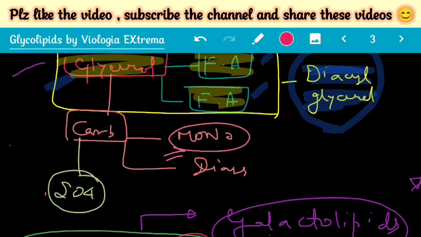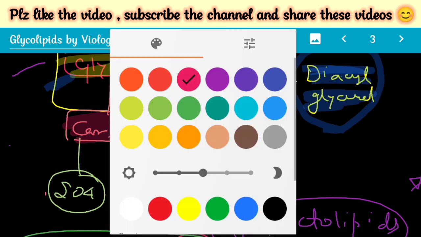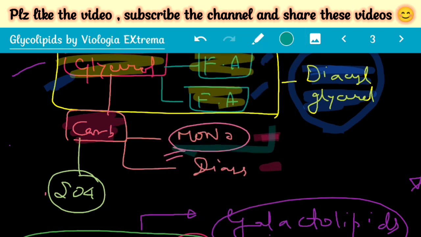Because these are glycolipids, the carbohydrate part is compulsory. That carbohydrate can be a monosaccharide or a disaccharide. The examples which we have used contain monosaccharide units. There can be one monosaccharide unit, or more than one monosaccharide unit, for example 2 monosaccharide units, but it is not a disaccharide.